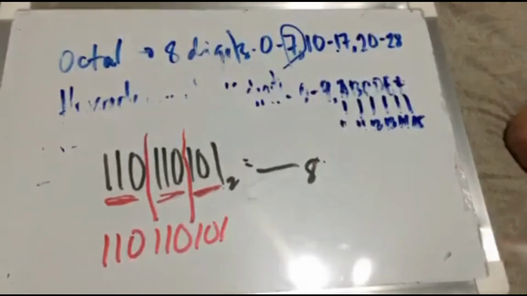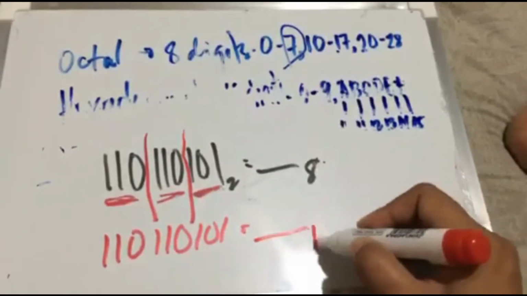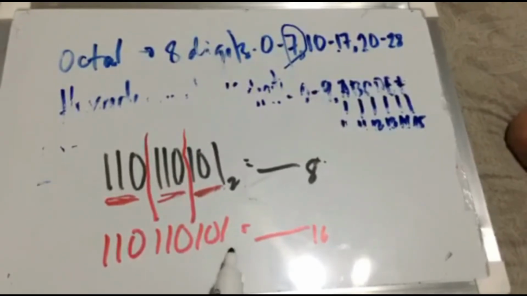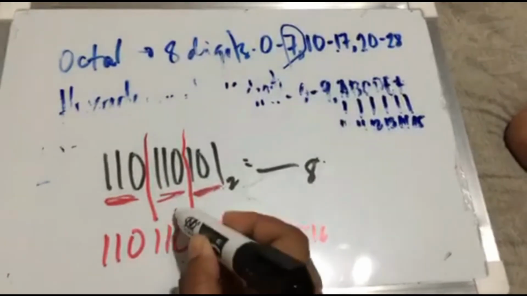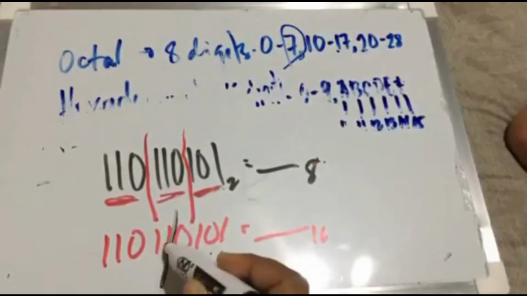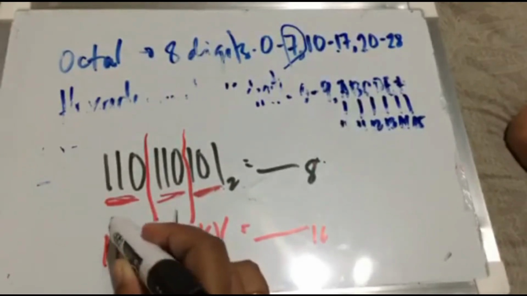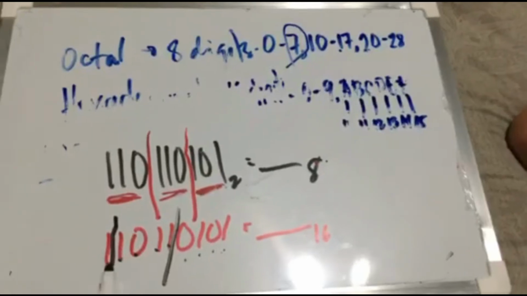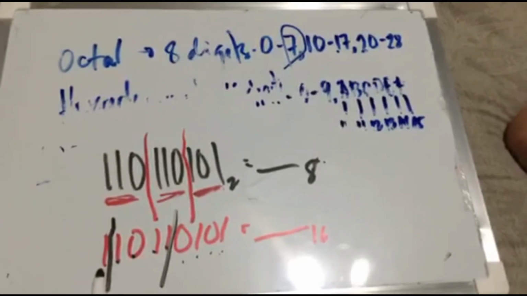So, the same number, 1101100101, if we're going to convert it to hexadecimal, so we need it to be grouped to fours. So from the rightmost digit, 1, 2, 3, 4. So ito siya, 1, 2, 3, 4. Okay. So if you can see here, nag-iisa lang siyang digit.